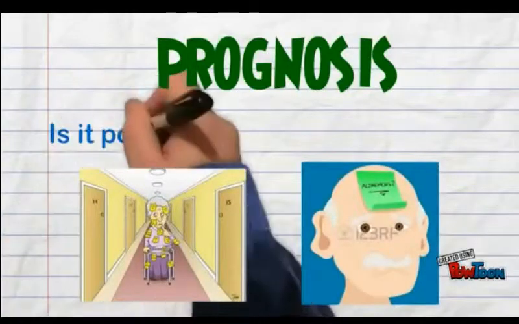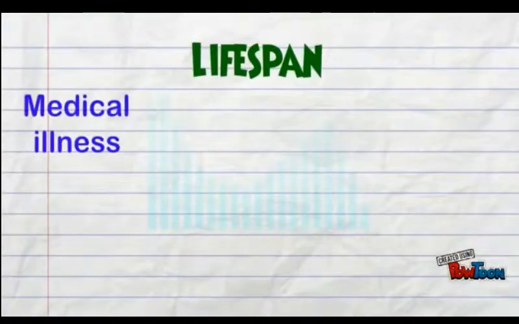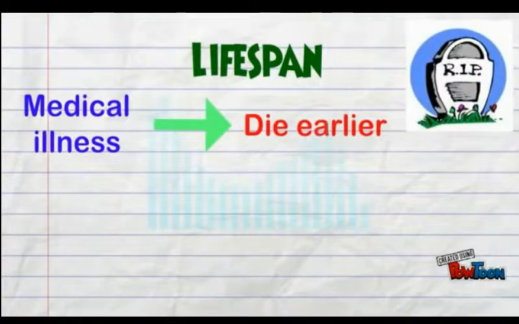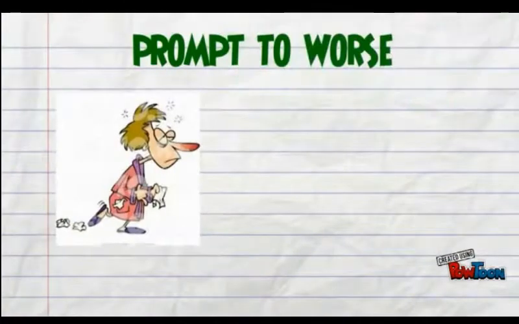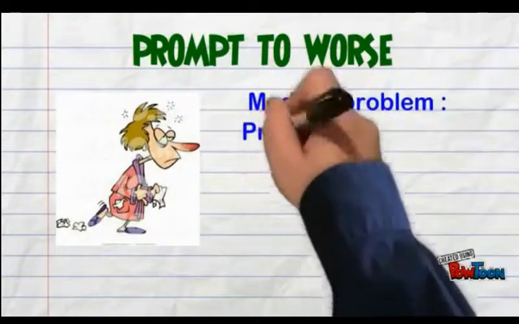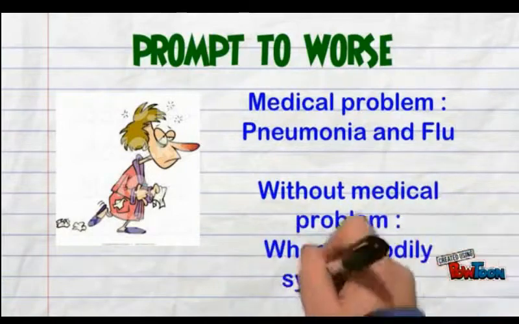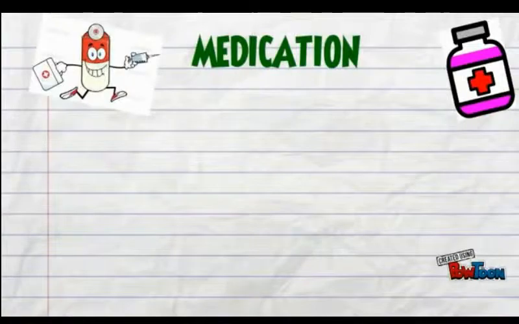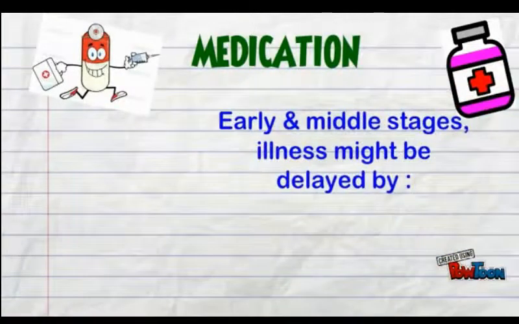Is it possible to cure Alzheimer's? The medical illness leads to early mortality, with an average lifespan of 8 years. However, it can be delayed with medications such as Aricept, Exelon, and others.